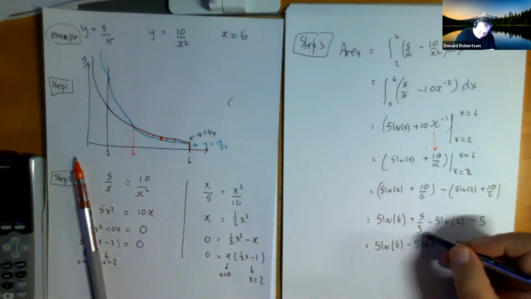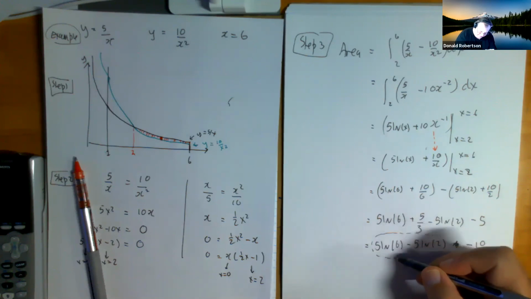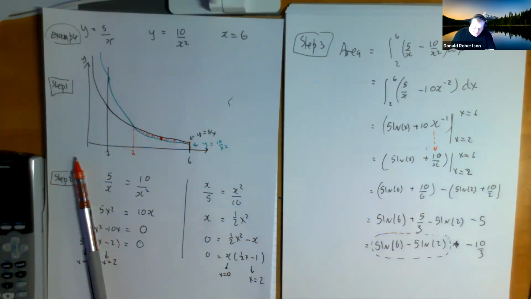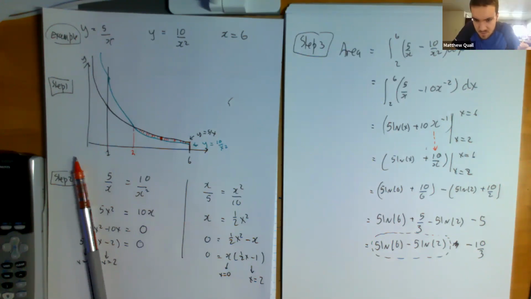Is there anything algebraically that you can do to that guy that might help? You could, using the quotient rule, write it as 5 natural log of 6 divided by 2.